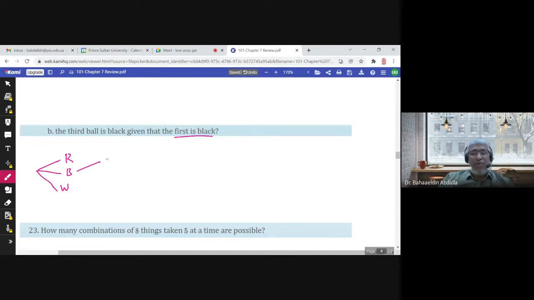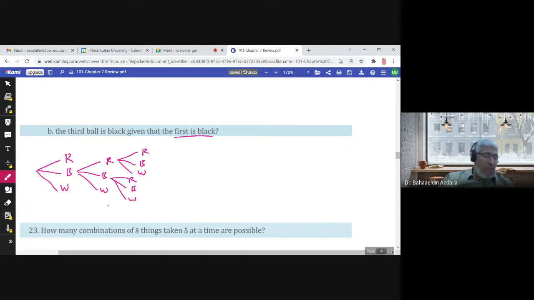The second ball could be red, black, or white. And then the third ball could be red, black, and white, red, black, and white, red, black, and white.